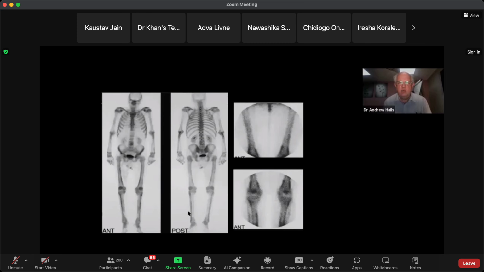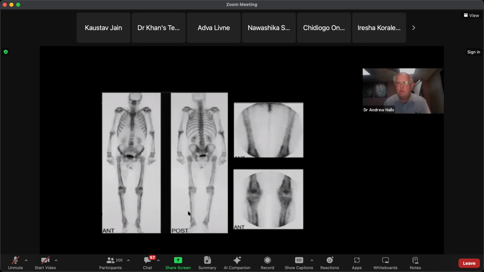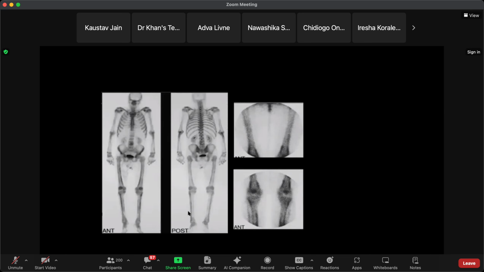Any ideas what this might be? So, they've got generalised edema and leg pain, and they have increased cortical uptake in the lateral aspect of both tibiae and the medial aspect of the femurs.